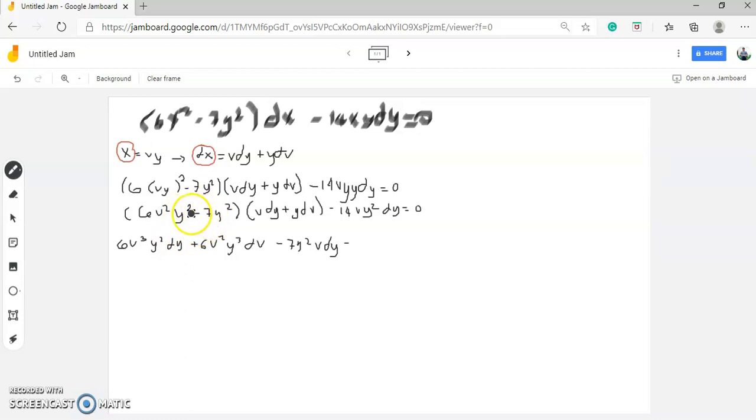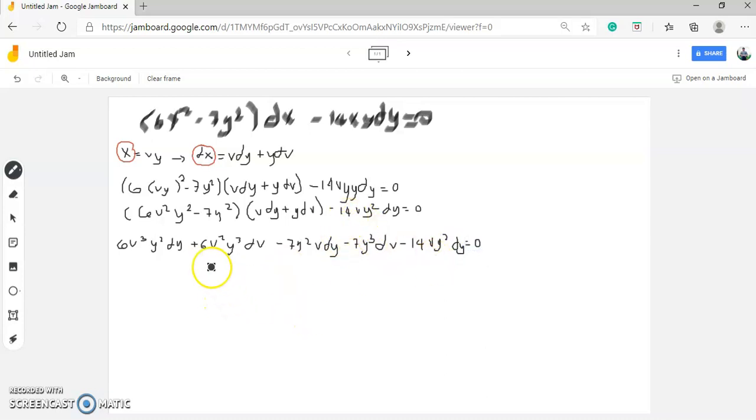If this is negative, distribute your negative sign also. So you have negative 7y cubed dv, minus 14vy squared dy equals 0.